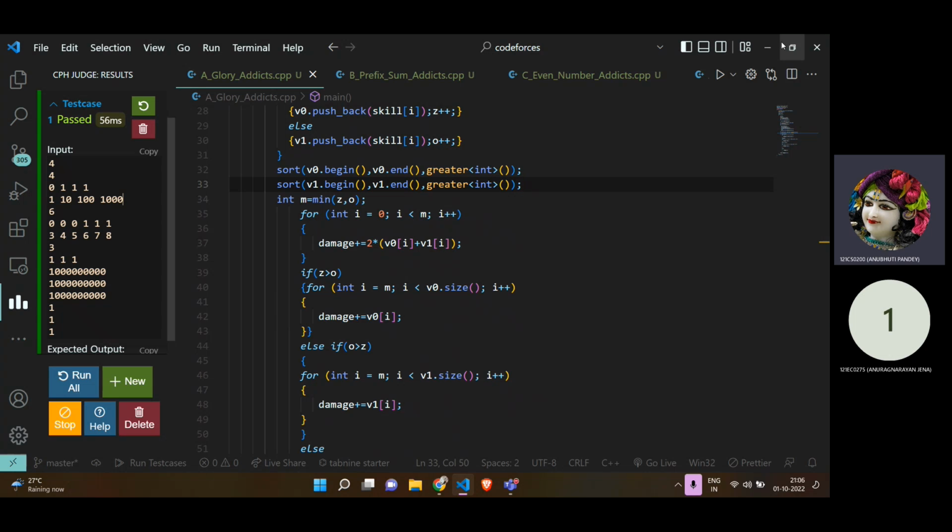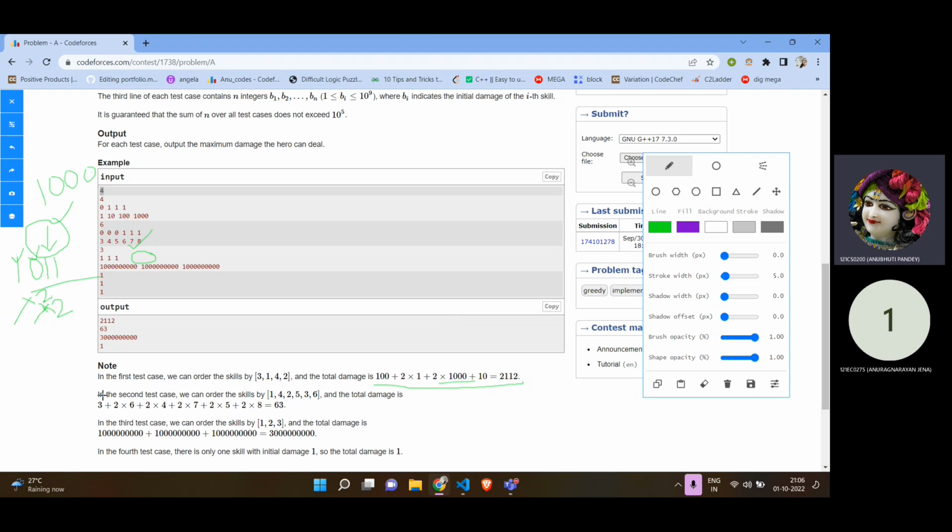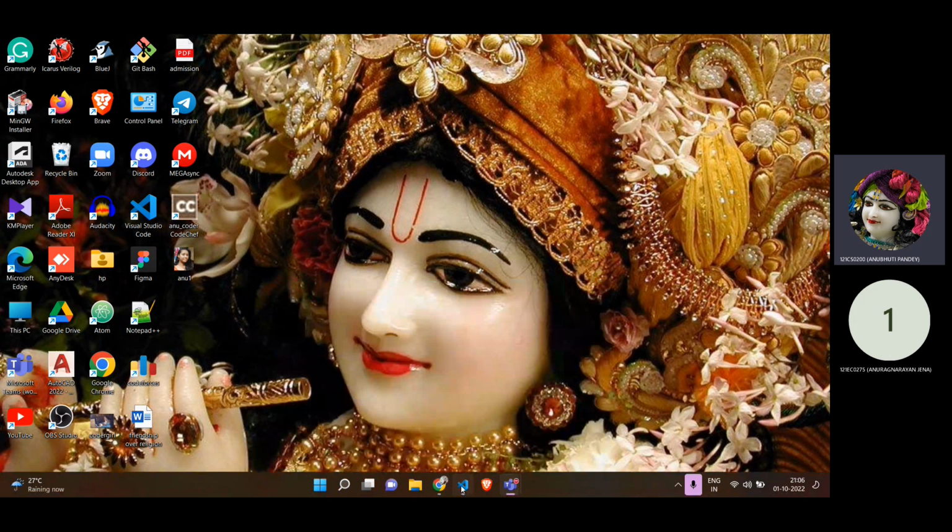Actually m alternating pairs will be generated. If you see here, the minimum is 1. We have 1 of 0 type and 3 of 1 type. So 1 alternating pair will be generated.